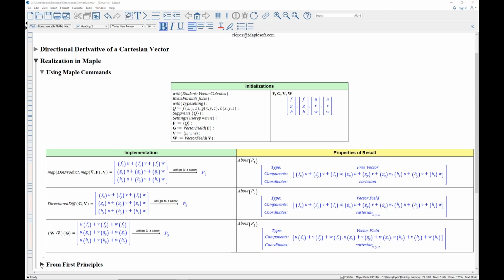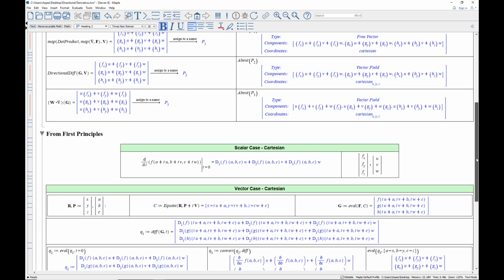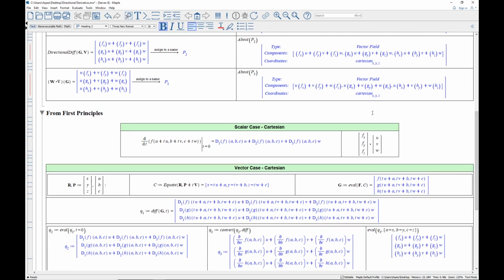What about doing this from first principles, using the idea that is used in multivariate calculus to get the directional derivative of a scalar? The way that's done for a scalar is you evaluate the scalar function along a line, right? a plus tu, b plus tv, c plus tw.